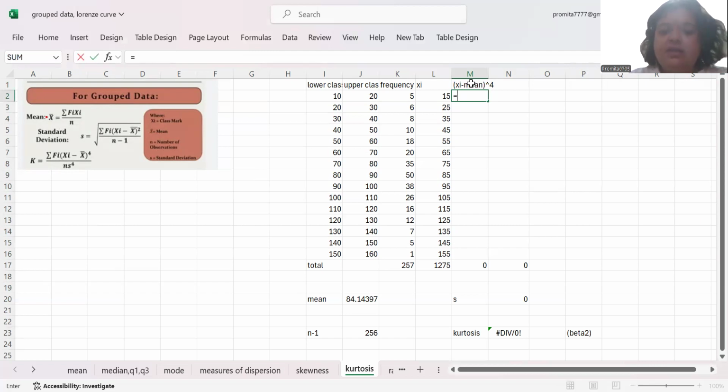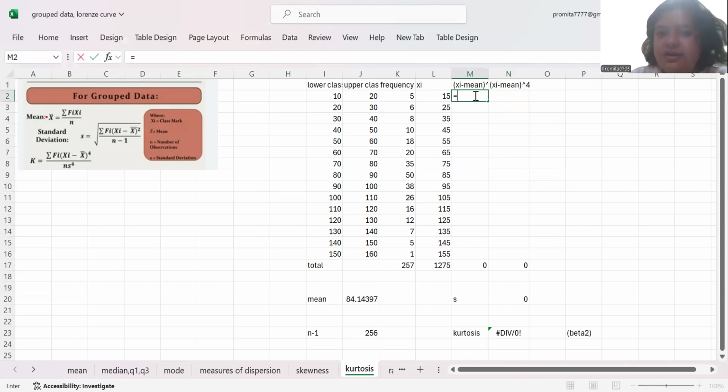Okay, here for the standard deviation formula, they are using n minus 1, so we have to recalculate the sample standard deviation. First we need xi minus mean whole square, and then we need xi minus mean to the power 4.